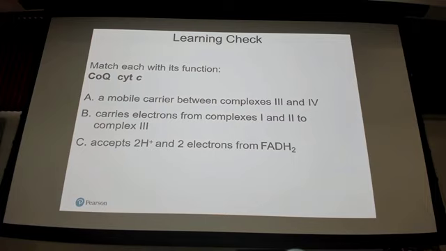All right. Check on learning. This is specifically talking about the carrier systems. What's the carrier between complexes 3 and 4? Cytochrome C. What about the carrier of electrons from complexes 1 and 2? CoQ, ubiquinone, absolutely. And what accepts 2 hydrogens and electrons from that?